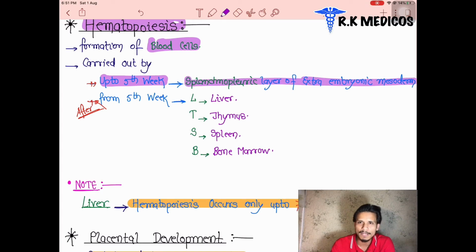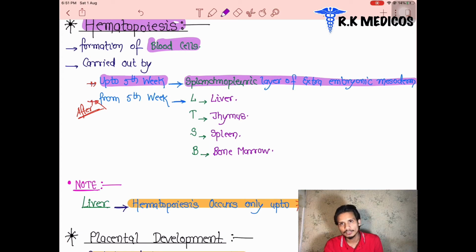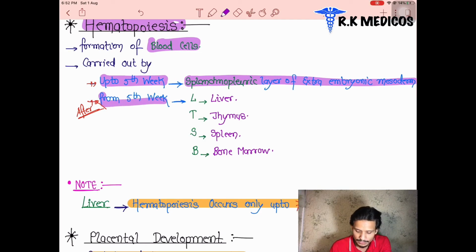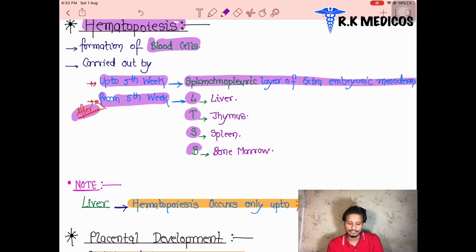But after the 5th week, it is synthesized by the liver, thymus, spleen, and bone marrow, LTSP. That is the liver, thymus, spleen and bone marrow. They synthesize blood cells after the 5th week. But before the 5th week, in the development of the embryo, it is synthesized by the splanchnopleuric layer of mesoderm.